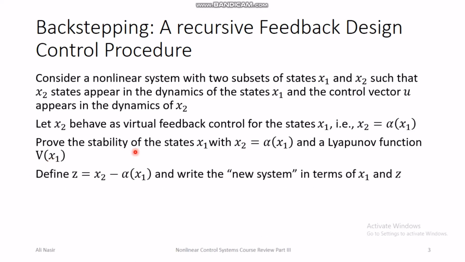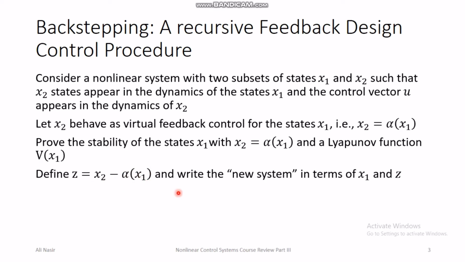Once you have stabilized a part of the system with a virtual control, you define z as an error variable, which is equal to x2 minus its ideal value alpha of x1.